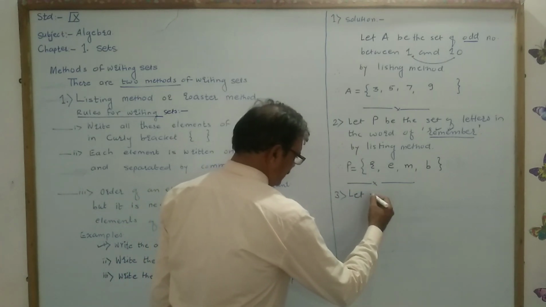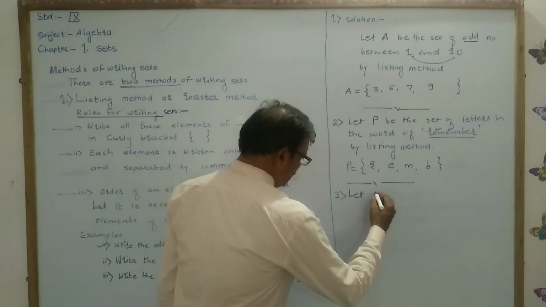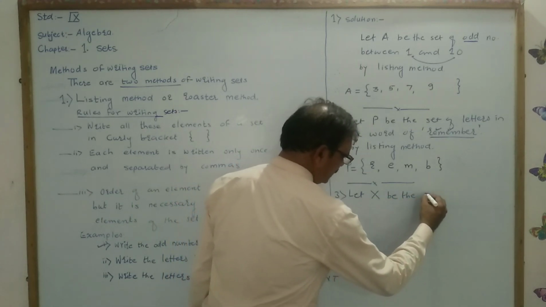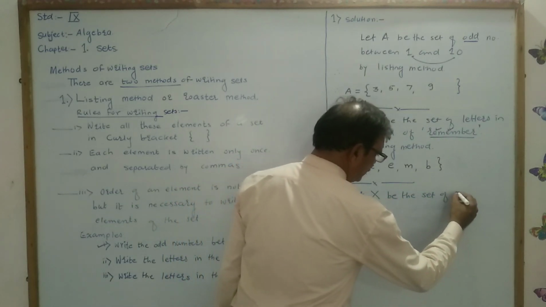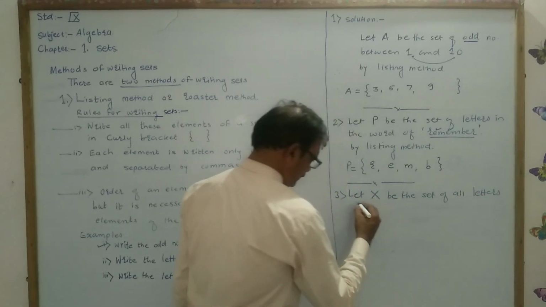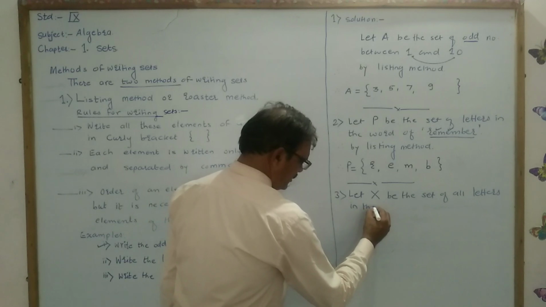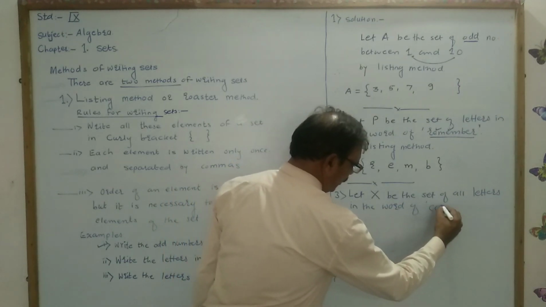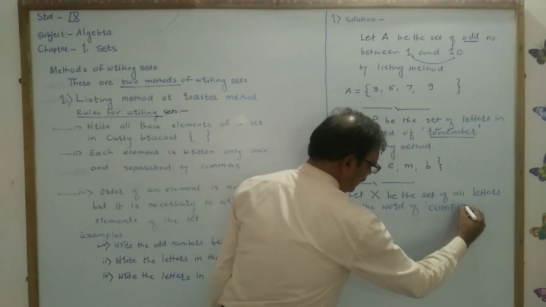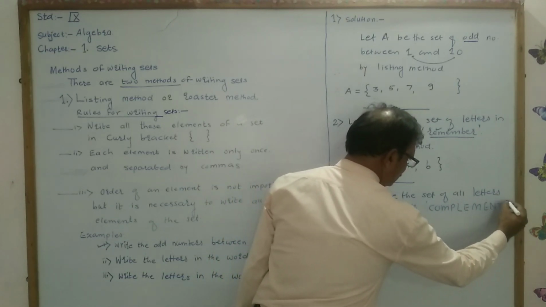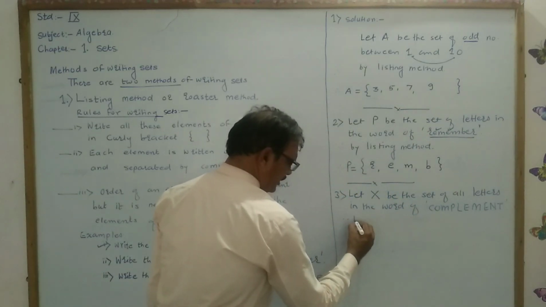Let X be the set of all letters in the word complement. So which method?